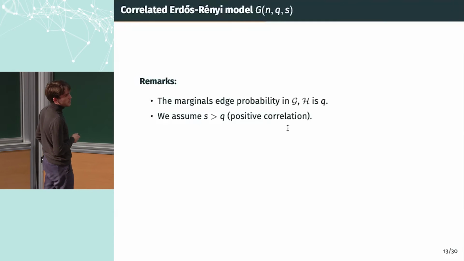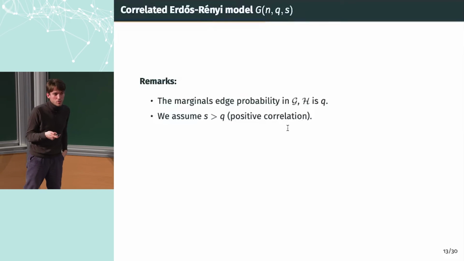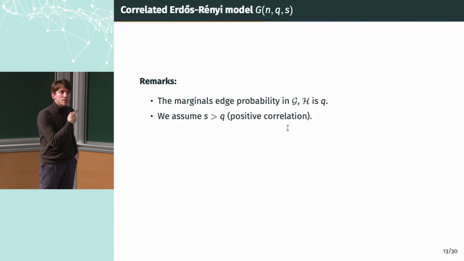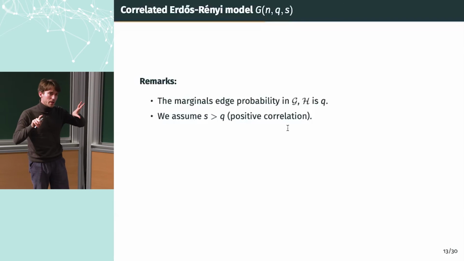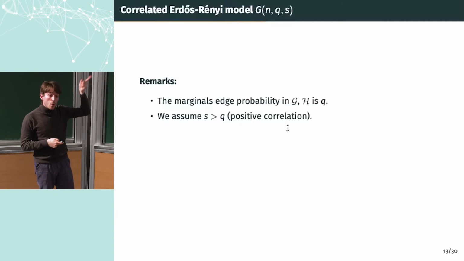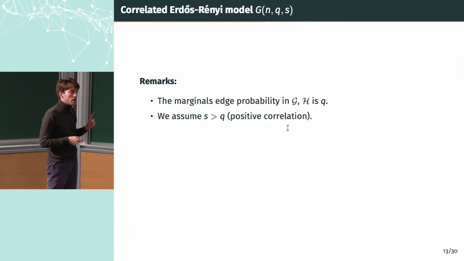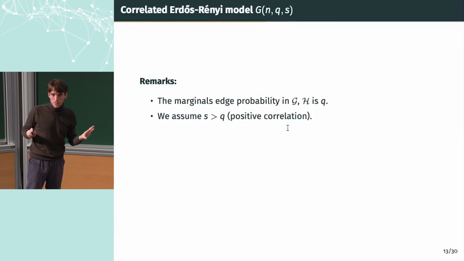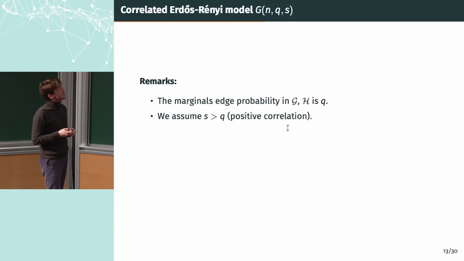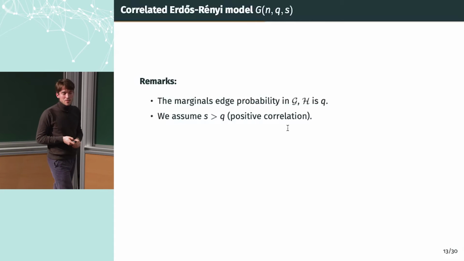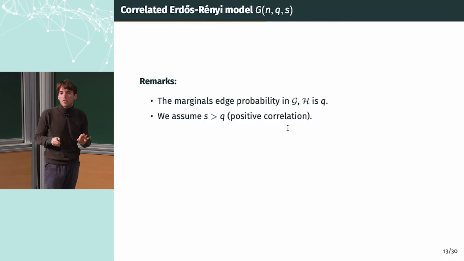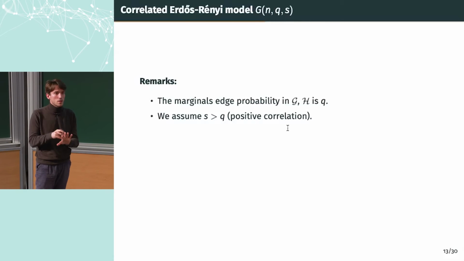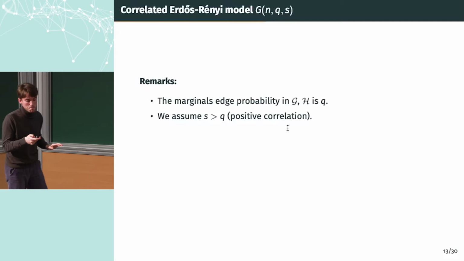We can assume that S is at least Q, which is assuming positive correlation. And this model actually interpolates between two extreme cases. The case where S equals Q, if you look at it, is the case where the graphs are totally independent. Okay? And the case where S equals 1 is the case where the graphs are strictly isomorphic. So there is an intersection, which is the total graph.